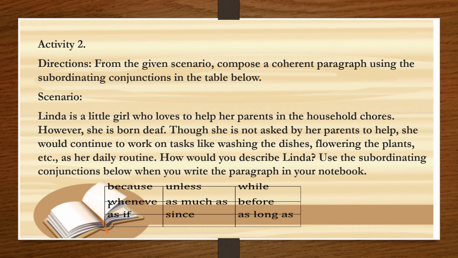Though she is not asked by her parents to help, she would continue to work on tasks like washing the dishes, watering the plants, etc. as her daily routine. How would you describe Linda? Use the subordinating conjunctions below when you write the paragraph in your notebook.